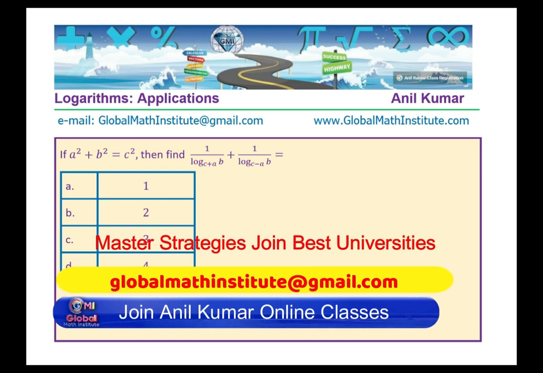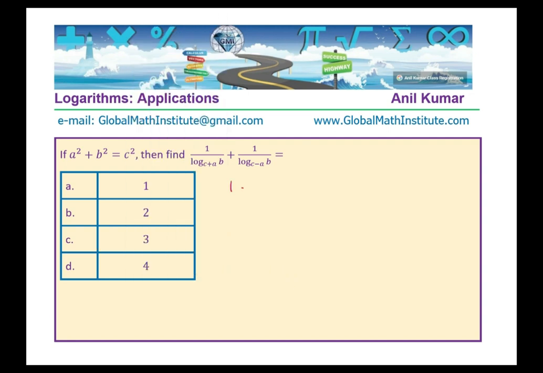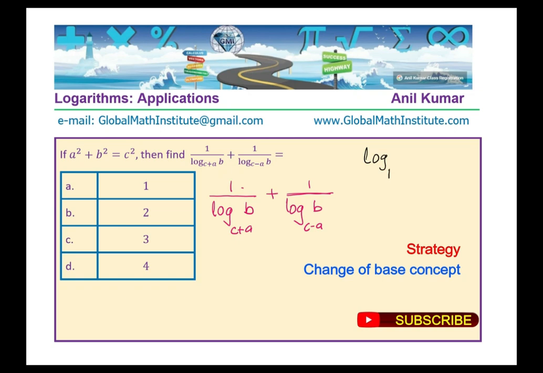So look here, we really want to figure out what is 1 over log of c plus a of b plus 1 over log of c minus a of b. The change of base formula is something which you need to remember. So if I have log of, let's say, p to the base q, we can change the base to q, for example.